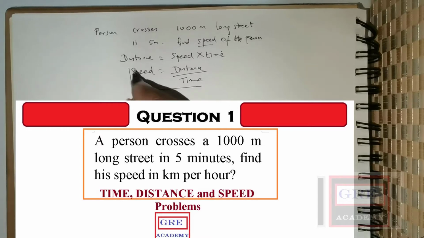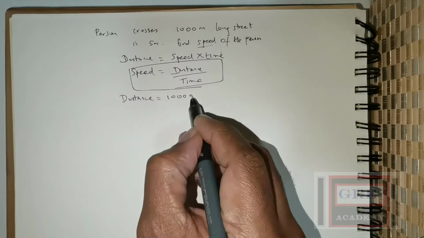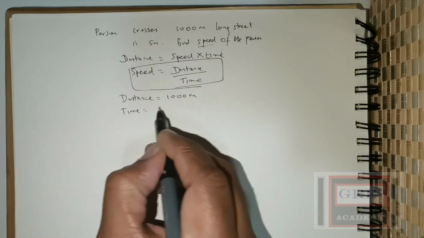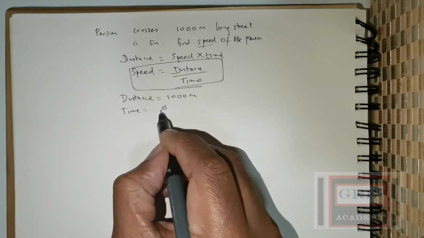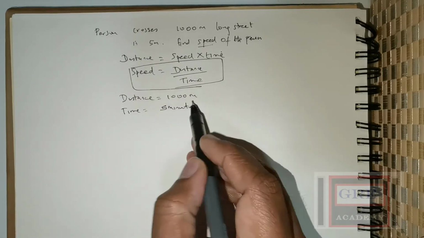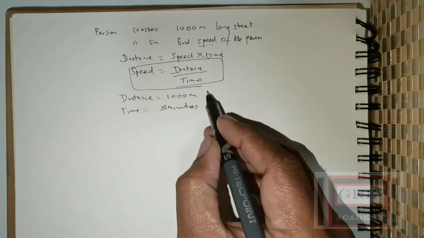This is the formula we would be using. So the distance given here is 1,000 meters and the time that is given here is 5 minutes.